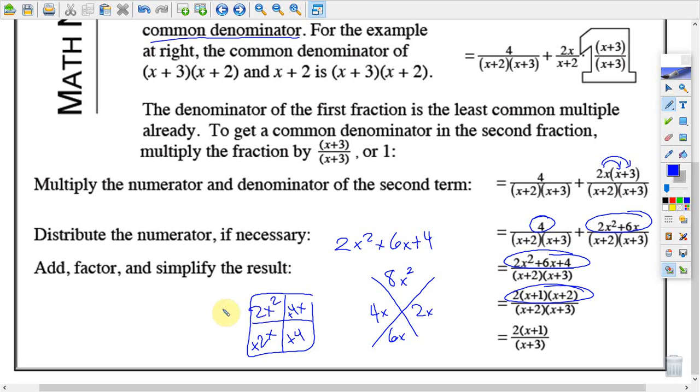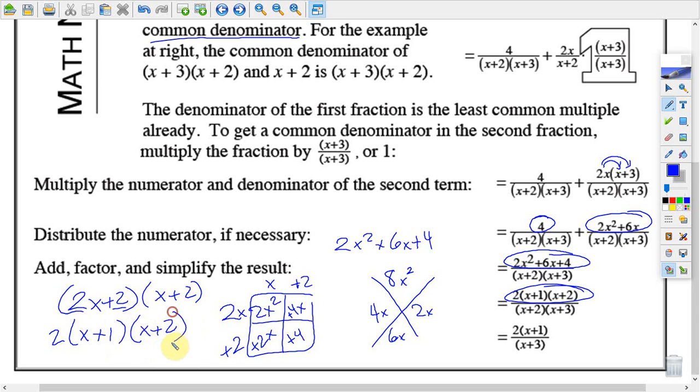So we can factor a 2x out here, and x here, plus 2, plus 2. 2x plus 2 times x plus 2. And then I have to notice that I can factor 2 out of this first factor and get 2 times x plus 1 times x plus 2. So either way, you end up with this right here.